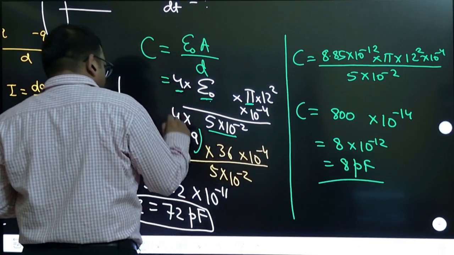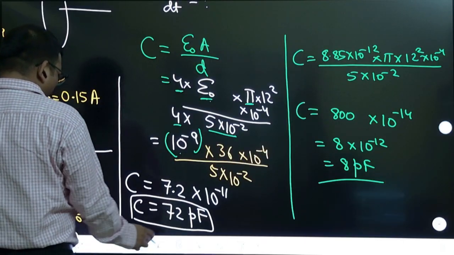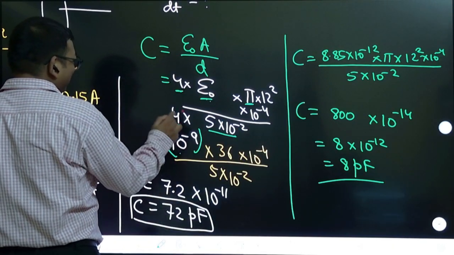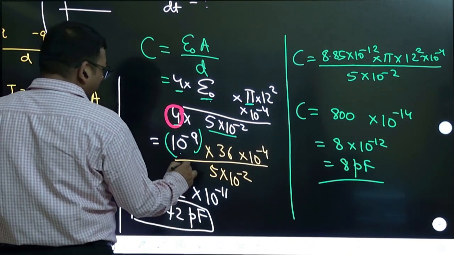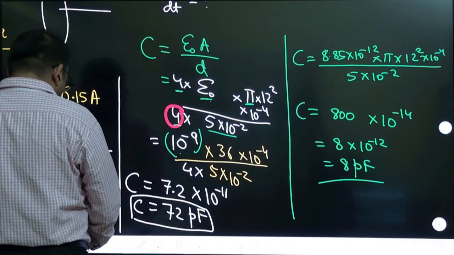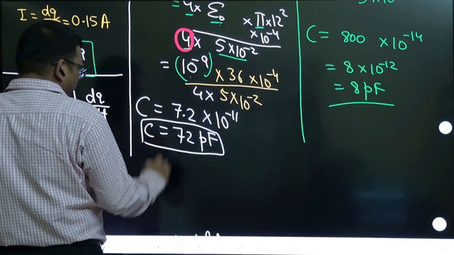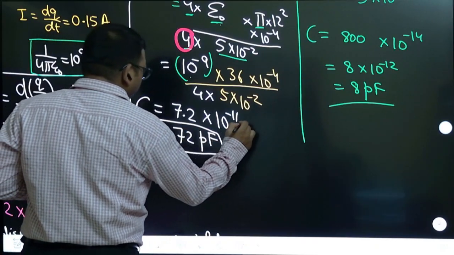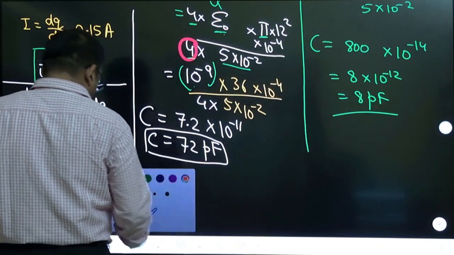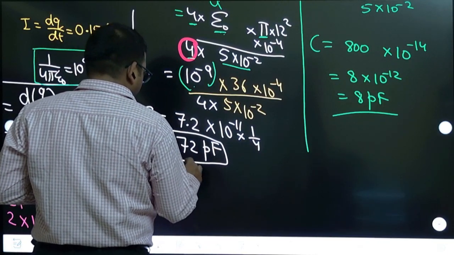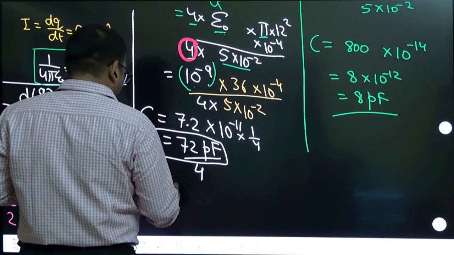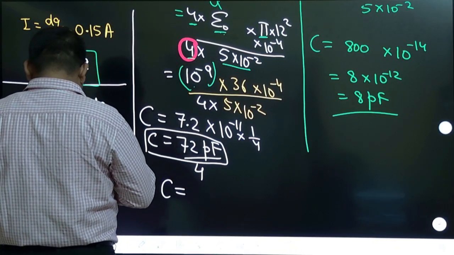Oh, I missed this extra 4. What happened to that 4? That 4 we need to divide by 4 now. Whatever we have calculated is correct, but we need to divide it by 4. Divide this by 4. So 72 by 4.